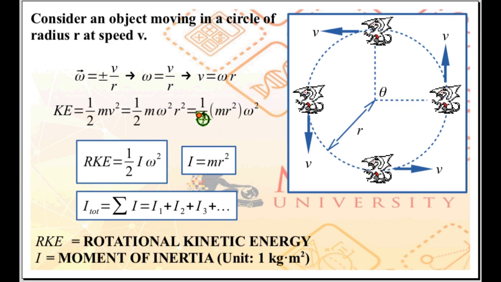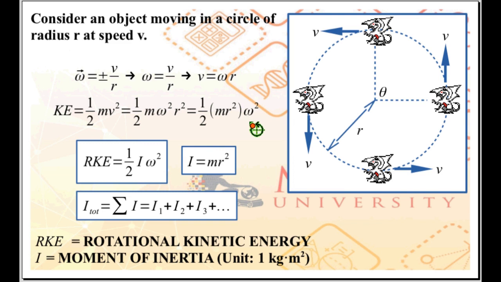Comparing this equation with the original equation of kinetic energy, 1/2 mv squared: you have 1/2 and 1/2, you have m and the quantity mr squared, and you have v squared and omega squared. Speed squared, angular speed squared. So mr squared is a counterpart of m.